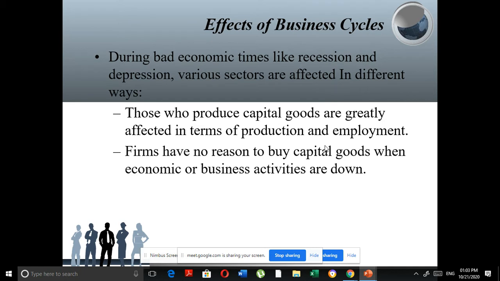During bad economic times like depression and recession, various sectors are affected in different ways. First, those who produce goods are affected in terms of production and employment. And businesses have no reason to buy capital goods when business activities are down. This is the effects of business cycle.